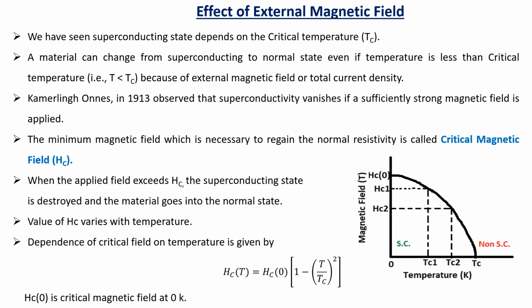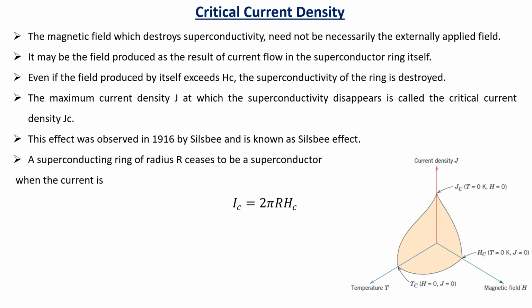In this section, we will discuss critical current density. The magnetic field which destroys superconductivity, as discussed before, need not necessarily be the externally applied field. It may be the magnetic field produced as the result of current flow in the superconductor ring itself.